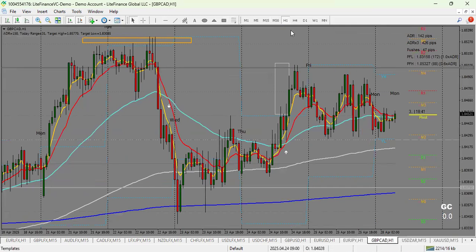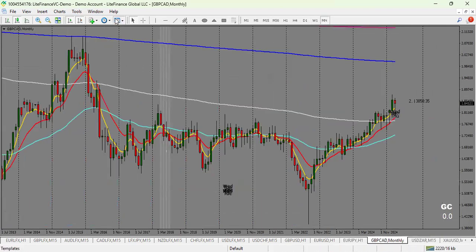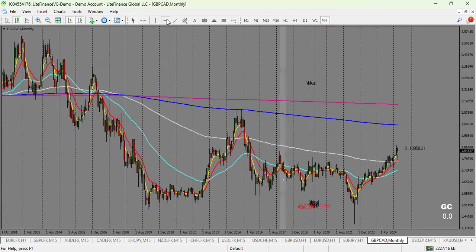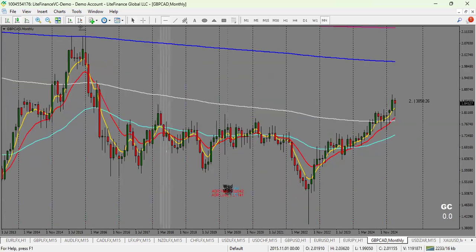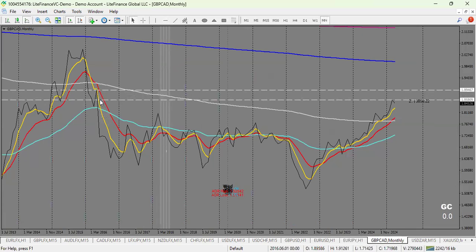So GBPCAD is another pair that we had been following for quite a while. And on the monthly time frame, we had a bullish market structure on it. So let me draw out the line chart. So we are looking at market structure of price action.